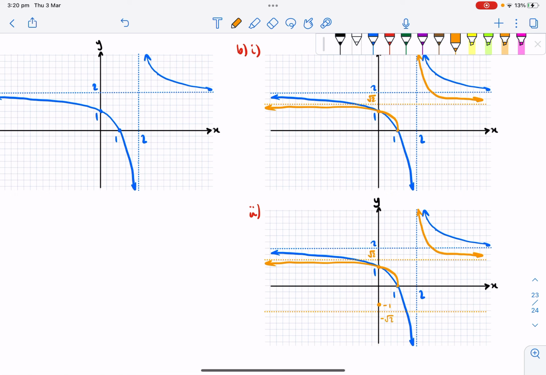All right, there we go. All right, so that's there. And then finally, I mirror this exactly as well. And there we go. That's my sketch of y squared equals f(x).